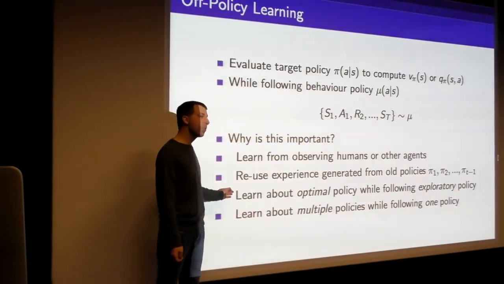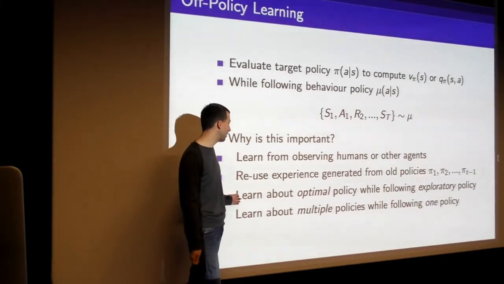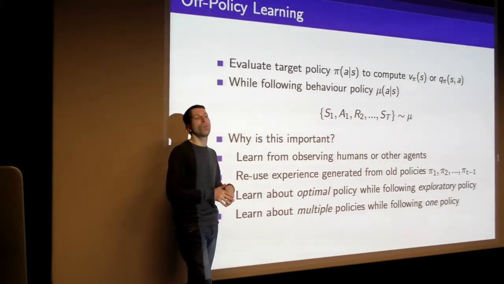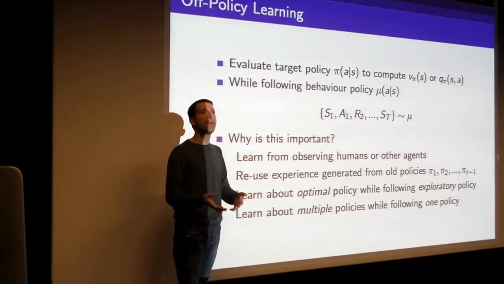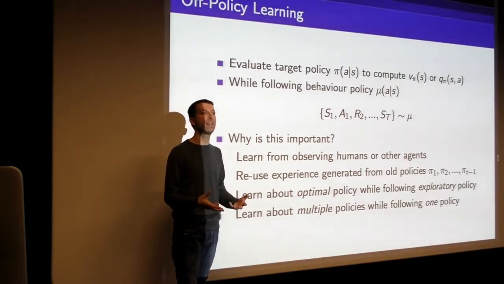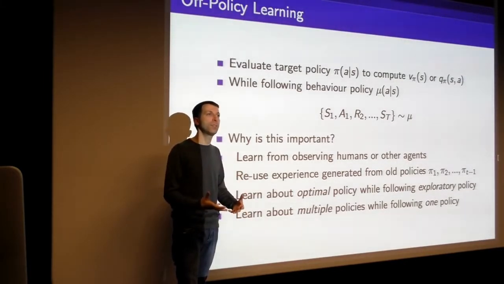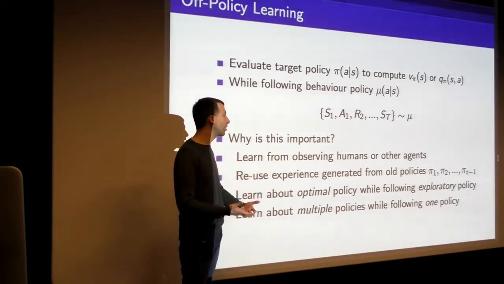Probably the best known example of where off-policy learning is used is this third point. We know that there's this big issue in reinforcement learning, which is making sure that you explore the state space effectively. At the same time, we want to learn about the optimal behavior, which doesn't explore at all. So why not make use of off-policy learning?